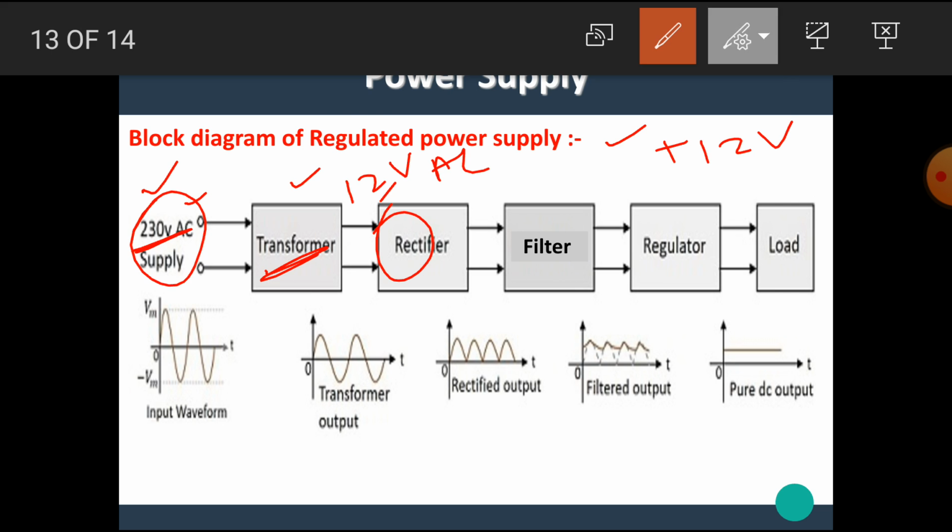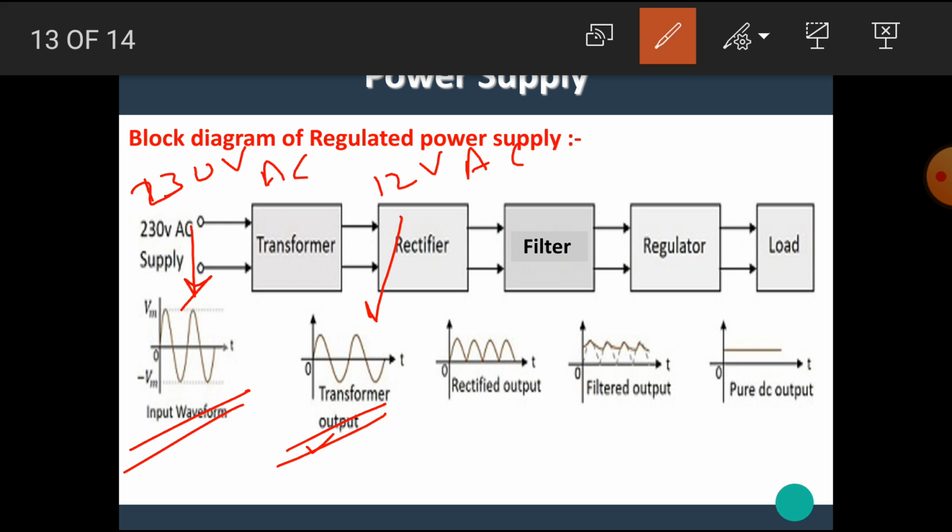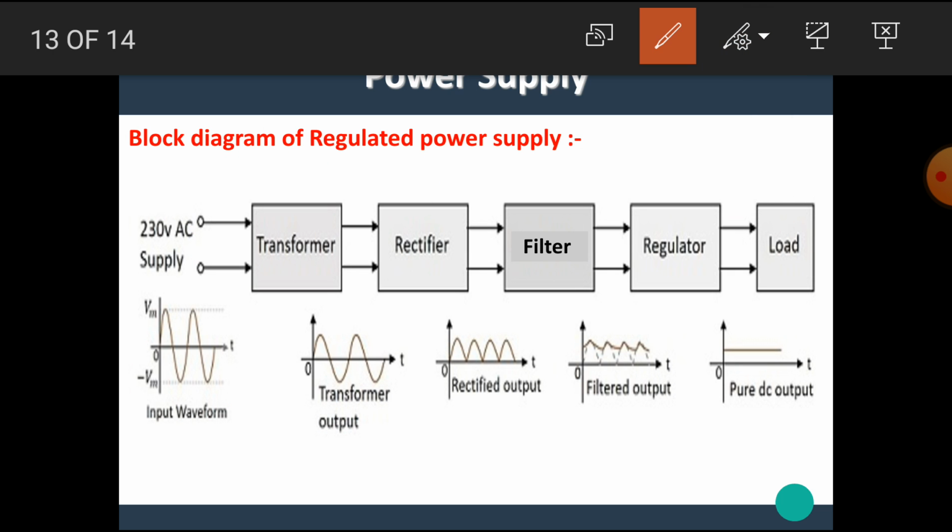This difference is clearly shown in this diagram. The input is 230 volt AC and the output is 12 volt AC. This is the waveform for 230 volt AC and this is the waveform for 12 volt AC. We can clearly differentiate between these two waveforms, but the transformer keeps the frequency constant.